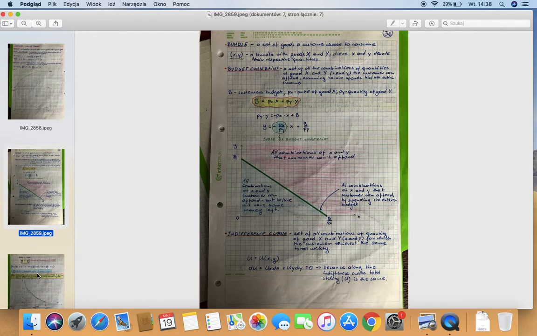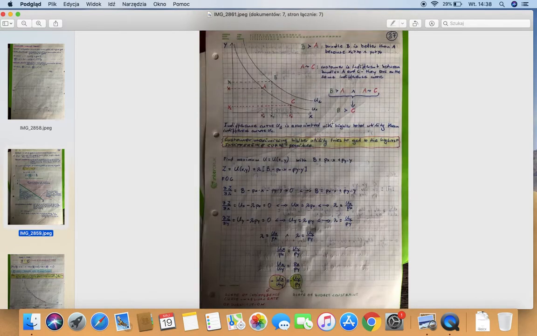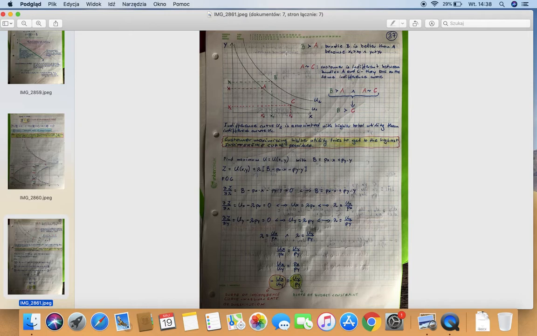So look, in this XY space, generally the customer prefers to be as far from the origin as possible. But look, on one hand, the customer wants to be on the highest possible indifference curve. On the other hand, the customer cannot afford an unlimited amount of X and Y. So how the customer chooses, this topic we will take up in the next video.